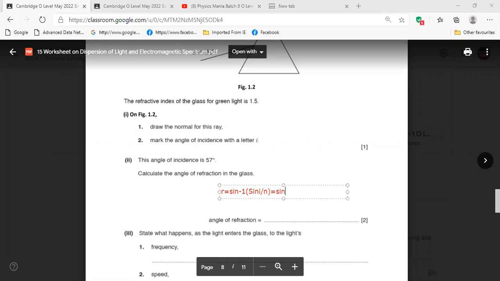Sine inverse. Okay, then sine 57 degrees divided by 1.5. Yeah, Farabi, check what is the answer coming.